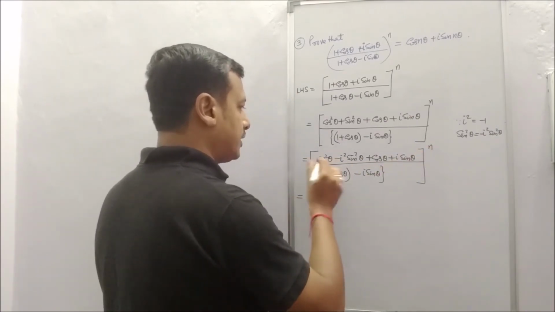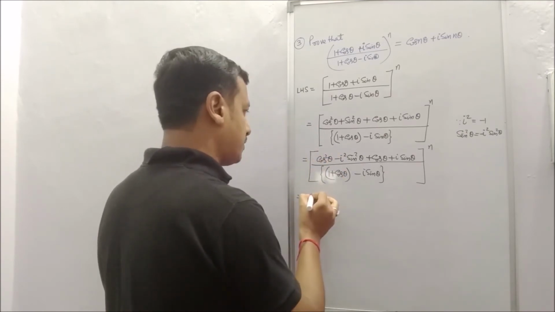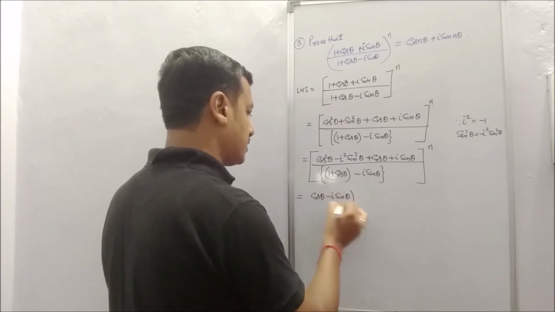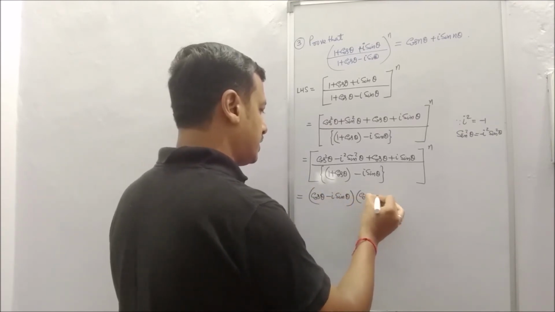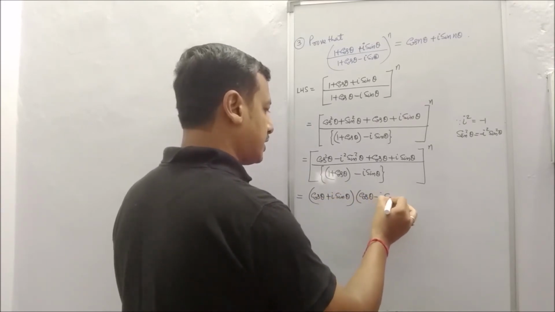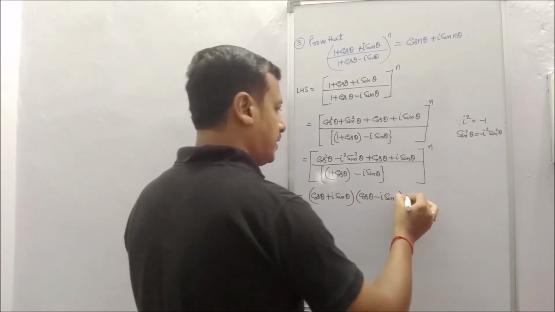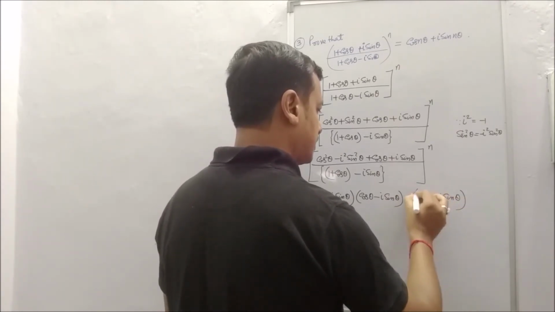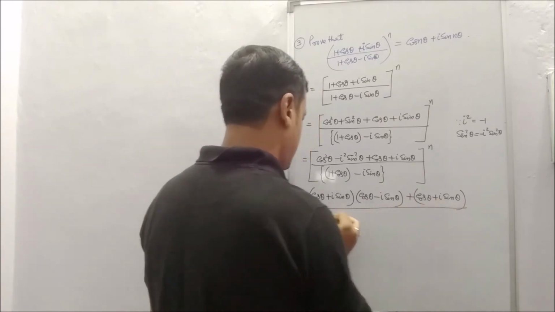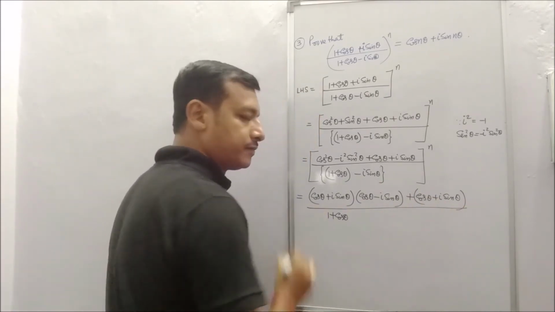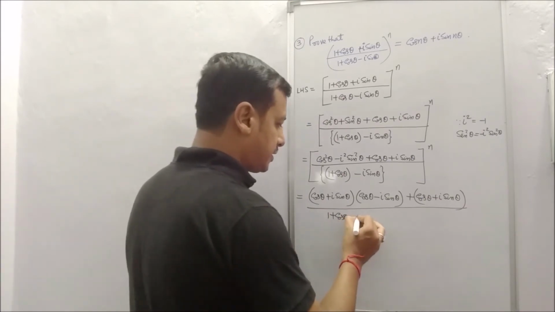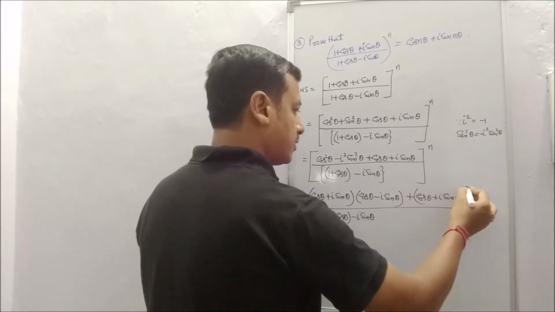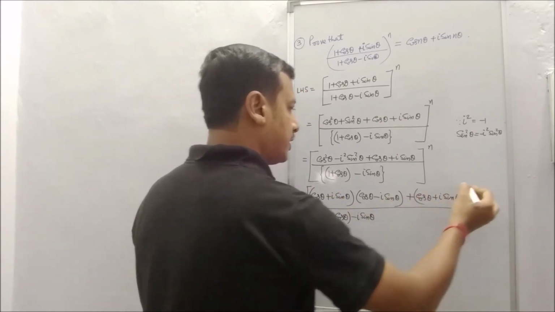So this is a square minus b square, which is equal to a plus b into a minus b. So cos theta minus i sin theta into cos theta minus i sin theta plus cos theta plus i sin theta, divided by 1 plus cos theta minus i sin theta, whole to the power n.